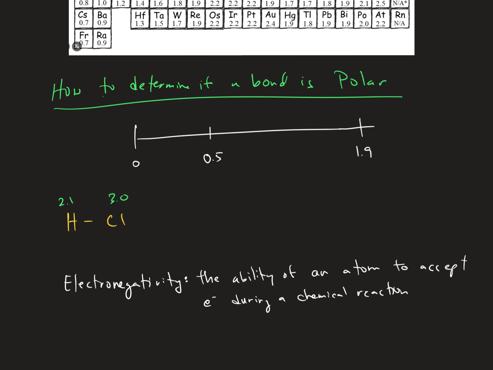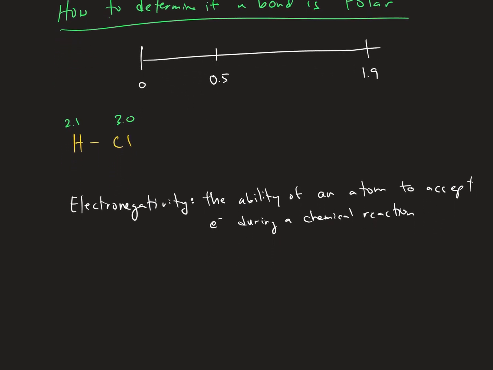To determine if a bond is polar, step one, determine the difference in electronegativity. I'm going to call this delta little e, since delta E looks like change of energy.